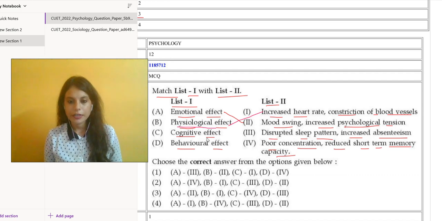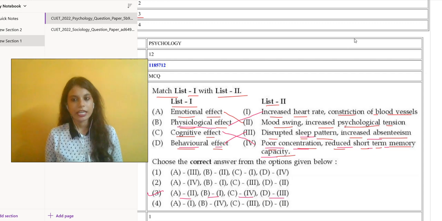With cognitive effect, we can say that the effects include poor concentration, reduced short-term memory capacity. Fourthly, behavioral effect includes disrupted sleep pattern and increased absenteeism. So based on this, we might include option 3 to be the correct answer.